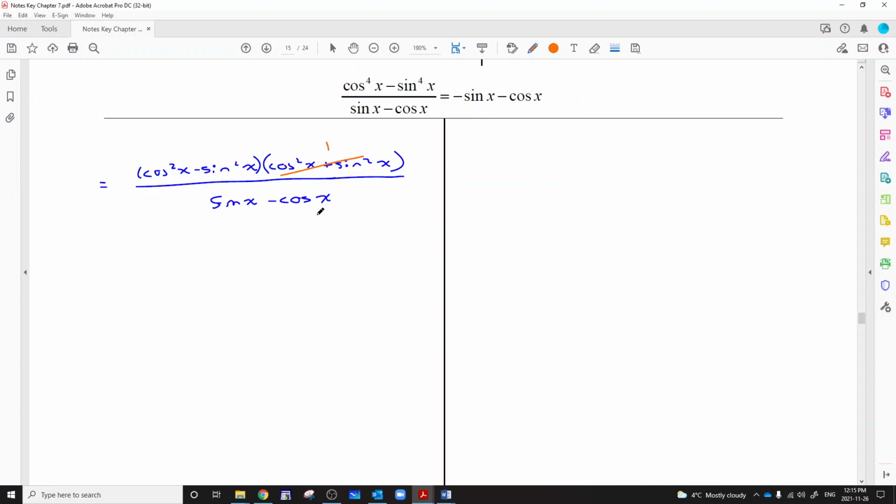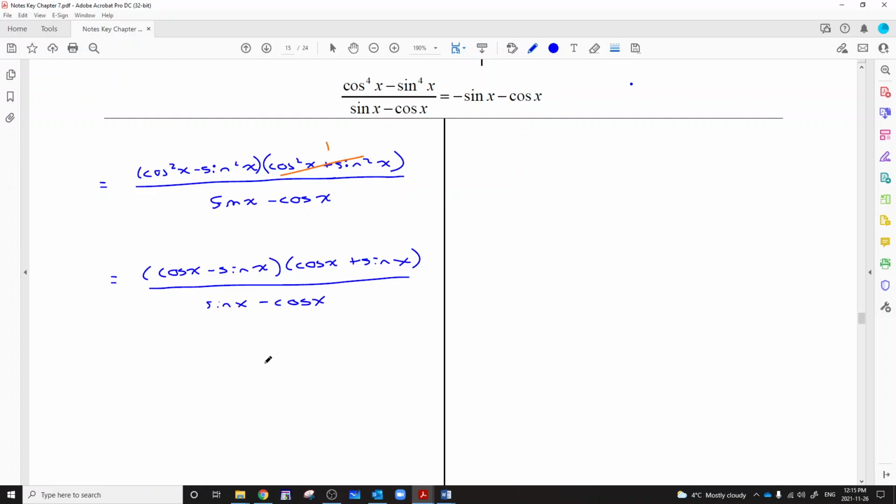This is going to simplify to 1. Then what am I left with? Well, maybe at this point I'm starting to look at the right-hand side and I'm like, ooh, negative sine x minus cos x. All right, I got too much cos and sines over here. So I see another difference of squares. So I'm going to factor that. I've got cos x minus sine x times cos x plus sine x all over sine x minus cos x.